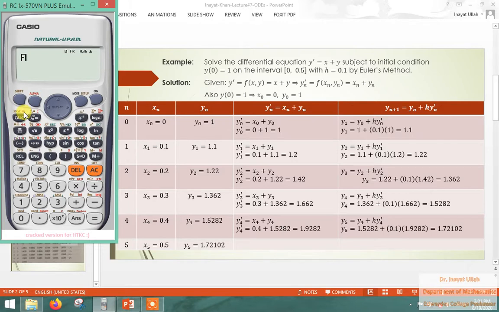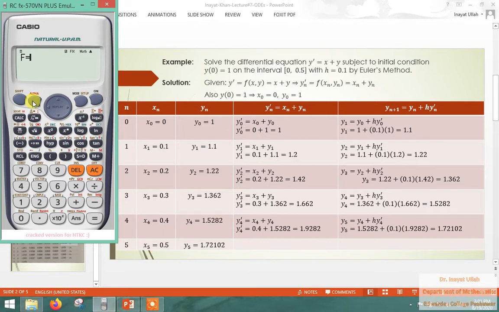This equal sign will be displayed by pressing alpha and calc button. So you see, this is equal to. So f is equal to, so it means that yn prime is f. Remember that yn prime is f in this calculator. Then yn prime is equal to x plus y, this is x and this is y.